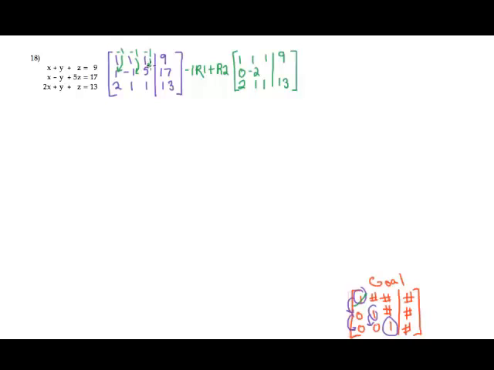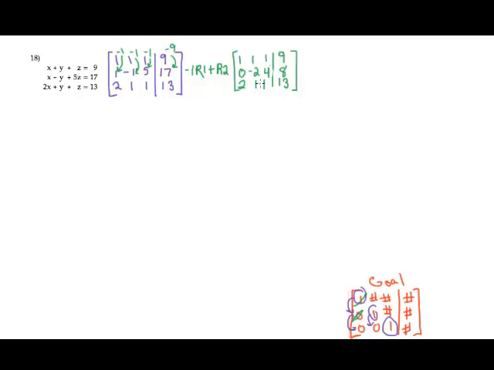Negative 1 plus 5 is... no, just kidding. Negative 1 plus 5 is 4. Whoopsie. Sorry about that. And then negative 1 times 9 is negative 9, plus 17 is 8. Okay, so now we've got that 0 down there in the middle taken care of.